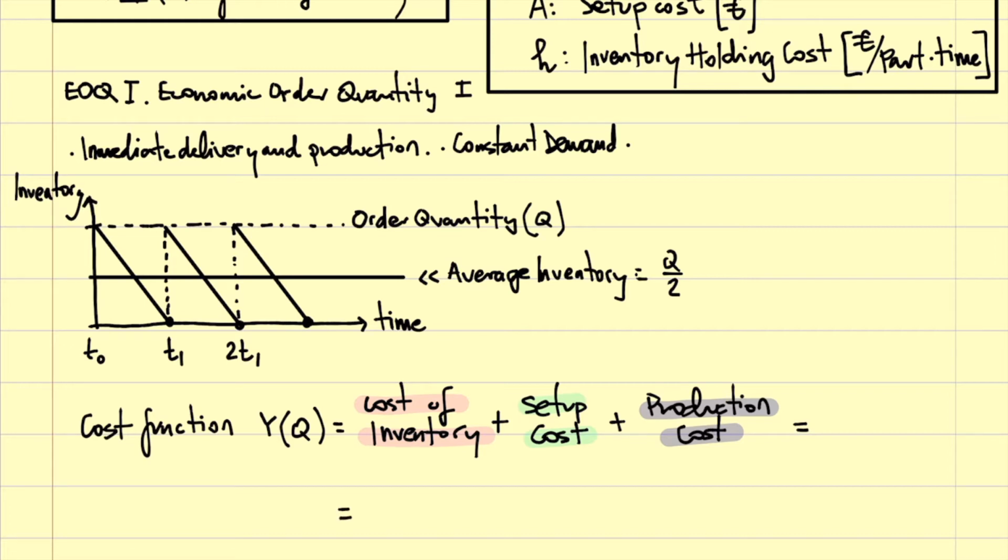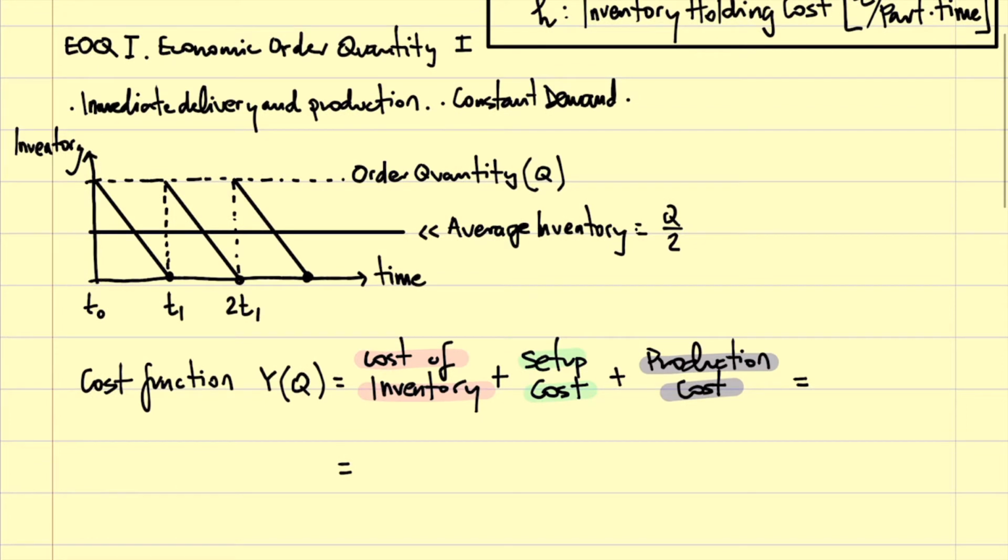We find that the cost of inventory is given by Q divided by 2, which is the average inventory, times H, which is the holding cost per unit and per unit of time.